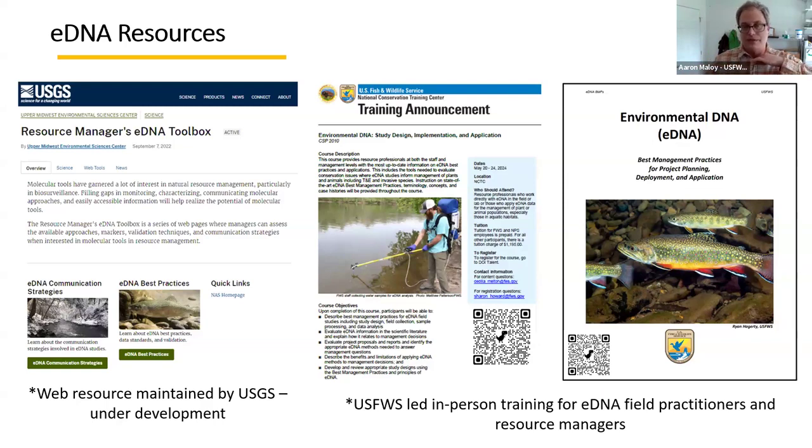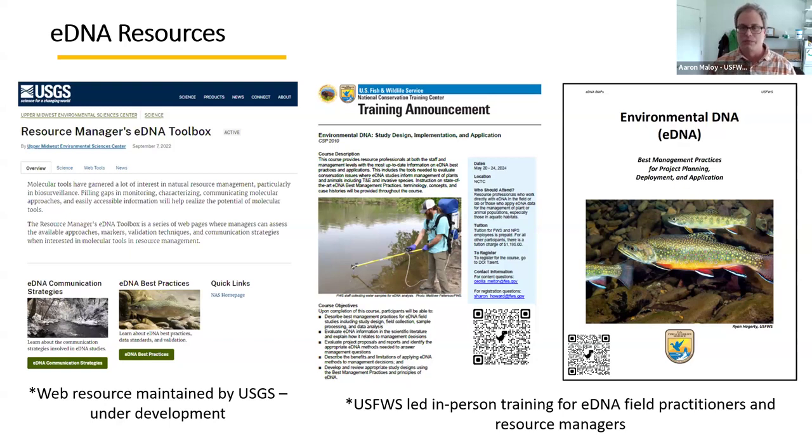The other thing is training. So the U.S. Fish and Wildlife Service runs an in-person training session at the Conservation Training Center in West Virginia. So that's open to everyone. They can sign up and take the course. It's taught every other year. One year it's taught at NCTC. The next year it's taught at one of our U.S. Fish and Wildlife Service genetics labs around the country.